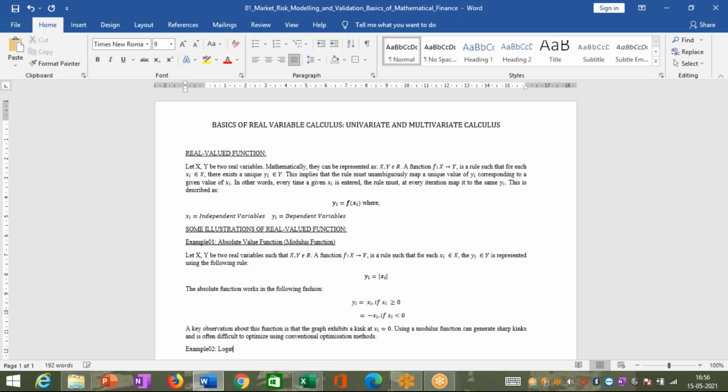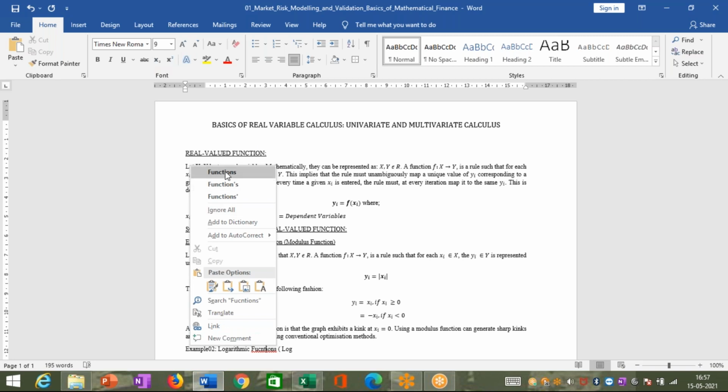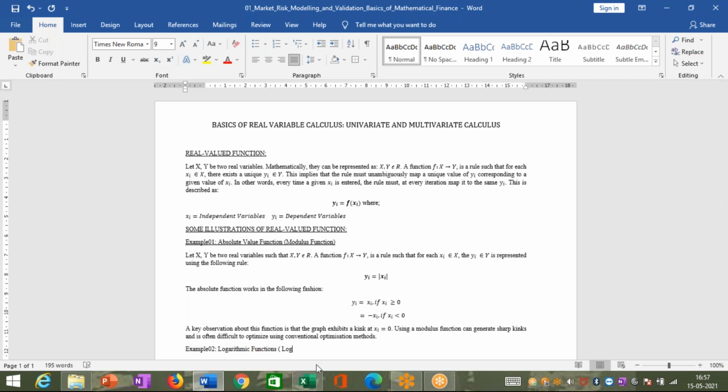So this is the logarithmic function, or as we call it, the log function.